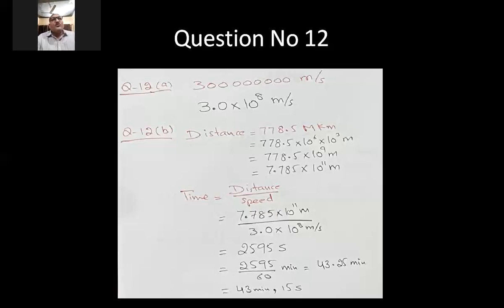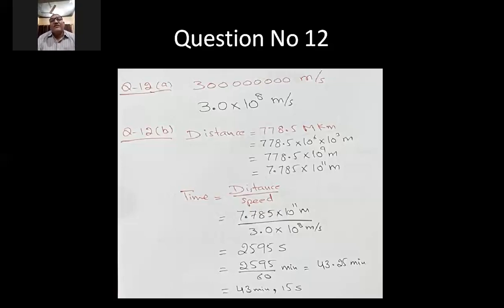So I want to convert this into minutes and seconds. So divide 2595 by 60, because in 1 minute there are 60 seconds. So 2595 is in seconds, and to convert it into minutes you divide it by 60.